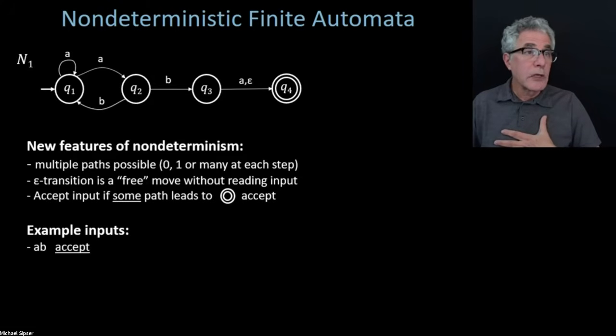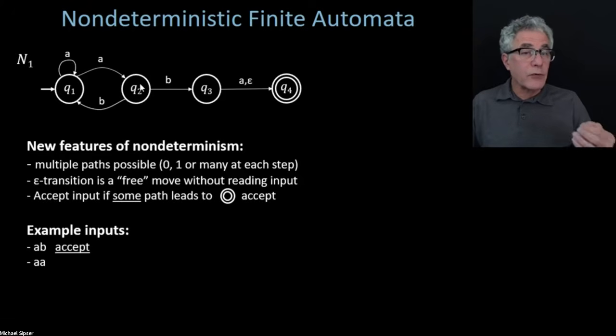Let's do another example. Suppose we have the input AA instead of AB. So AA, after the first A as before, we're in states Q1 and Q2 as possibilities. Now we read an A again. Now the possibility on state Q1, after reading an A, again branches to Q1 and Q2.